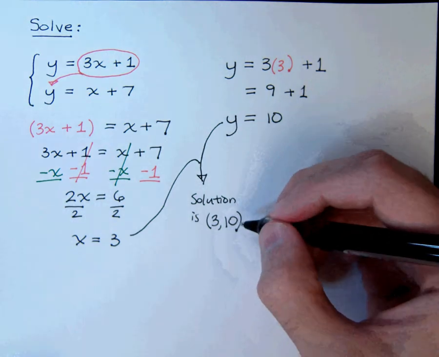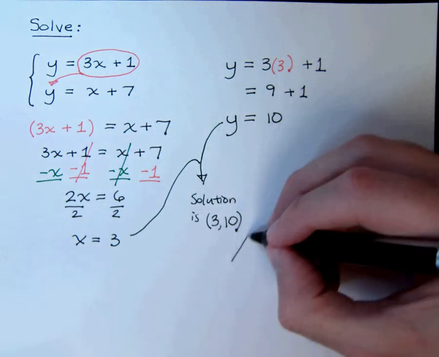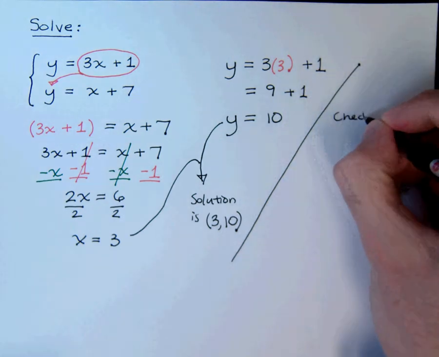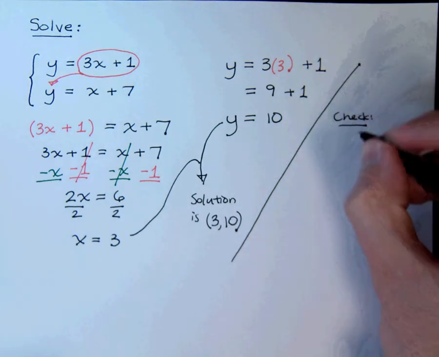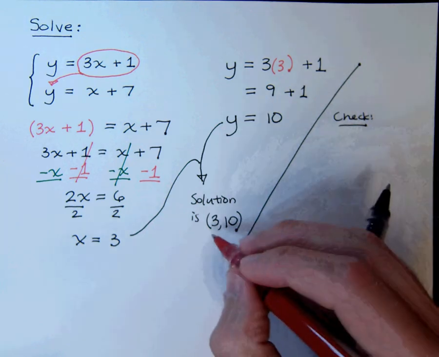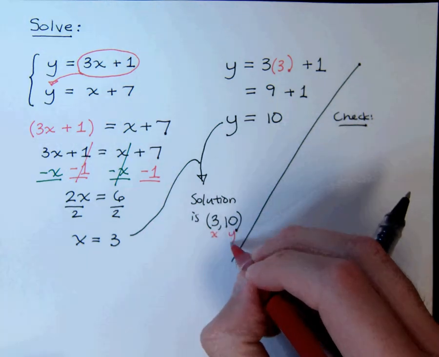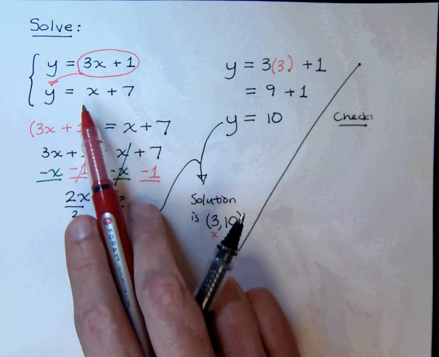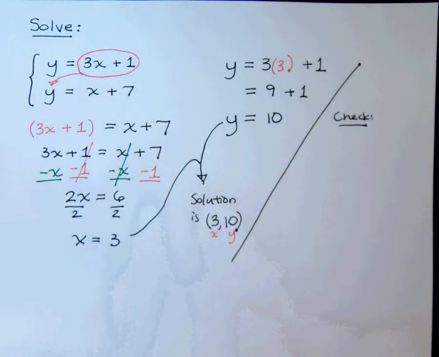Now what we always want to make sure that we do is to check our work. Checking is pretty easy. All you're going to do is take these coordinates here. This is your x, and this is your y. We're going to plug them back into the original equations and make sure they work out. So let's check that.